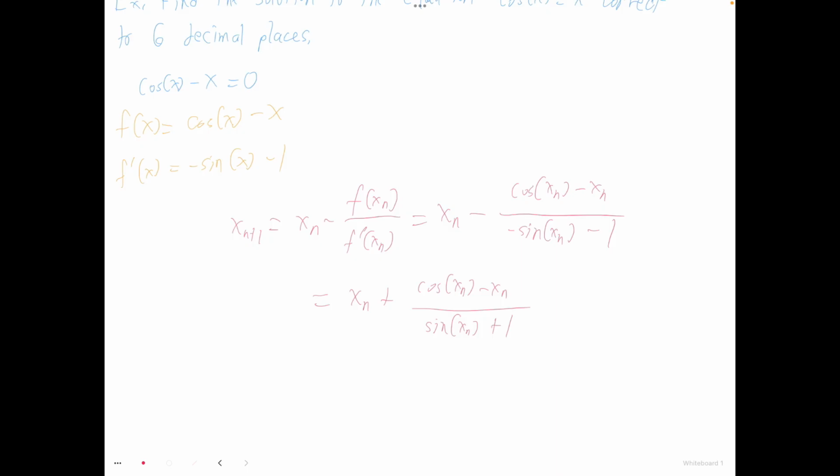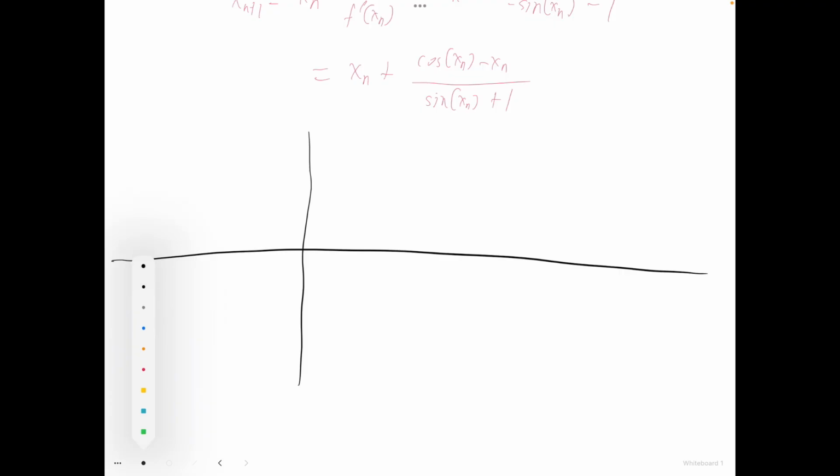And so what we're going to do here is take this expression and repeatedly use it until we get an approximation. But now we don't know our initial guess, and so what we're going to do first is figure out what's a good initial guess. So if we actually draw the graph of cosine of x, it looks something like the following.